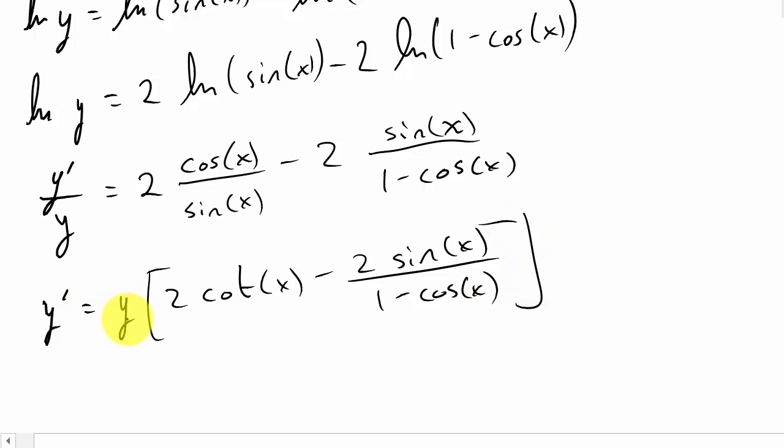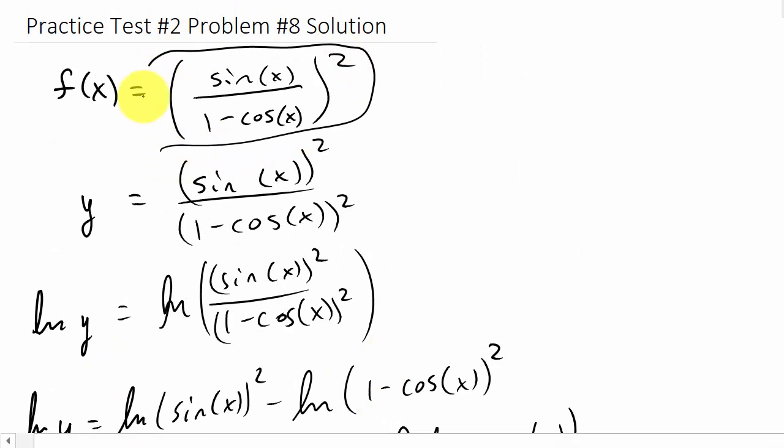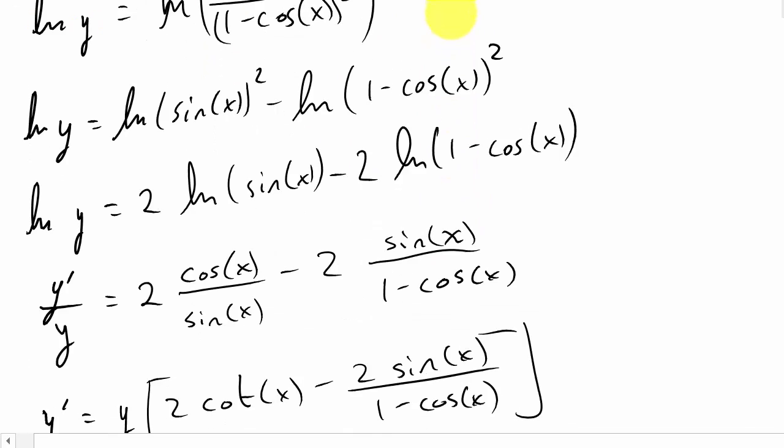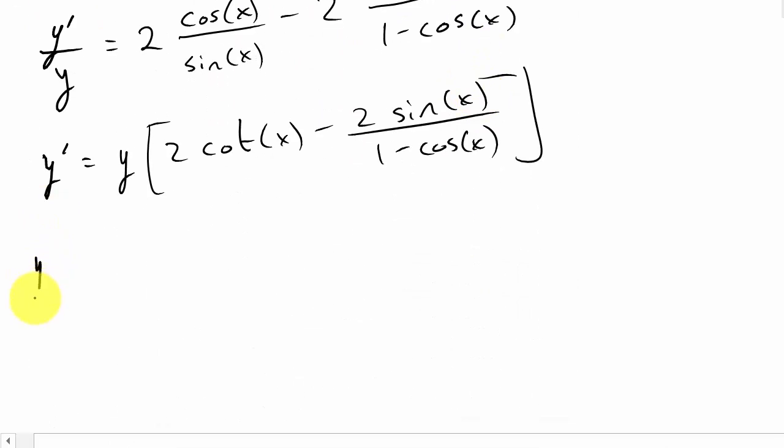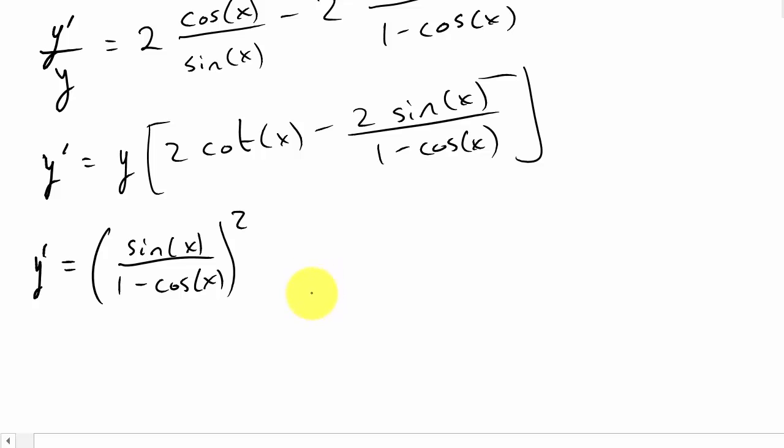And so here we have to plug in what y is. Okay, I know it was f of x, but f of x, y, same thing. So we plug this in for y, and I get y prime is equal to sine x over 1 minus cosine x, all of that squared.